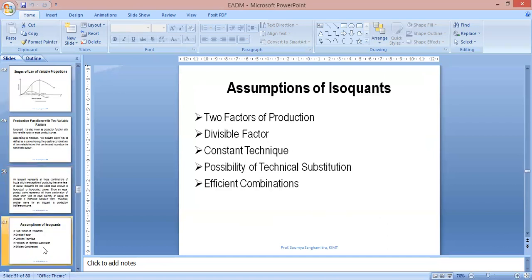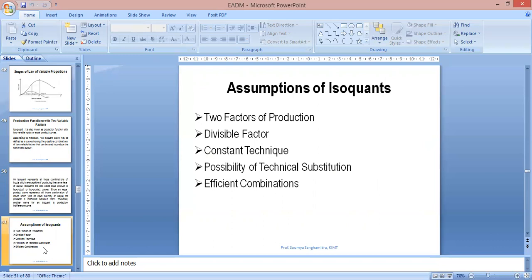Then assumptions of isoquants. What are the assumptions for isoquants? First point is two factors of production.